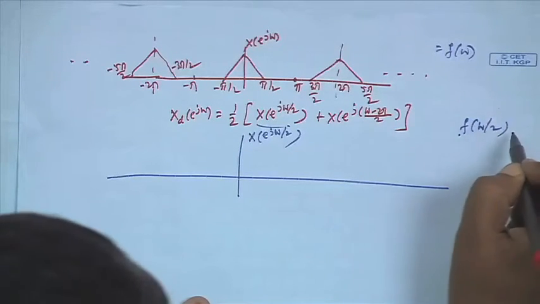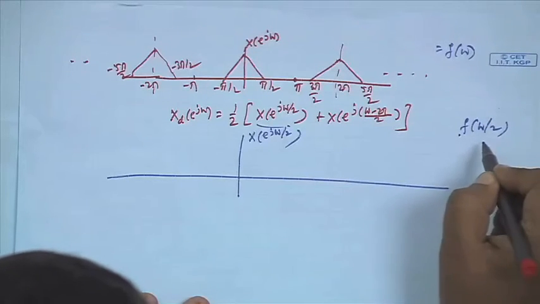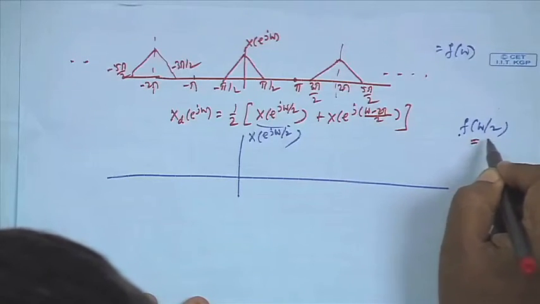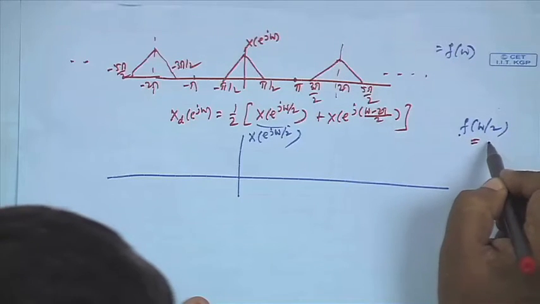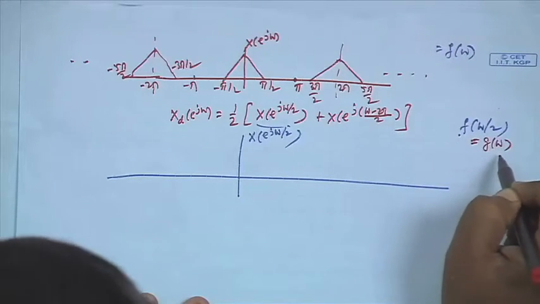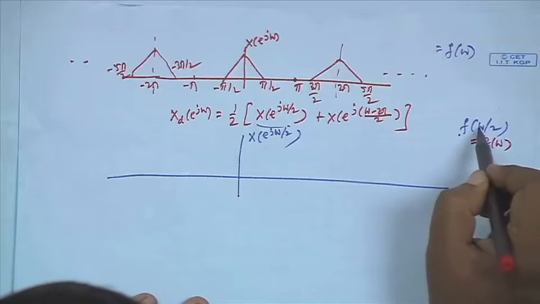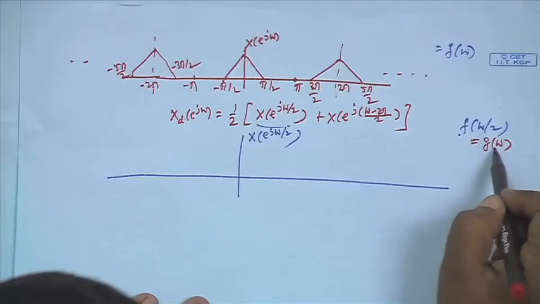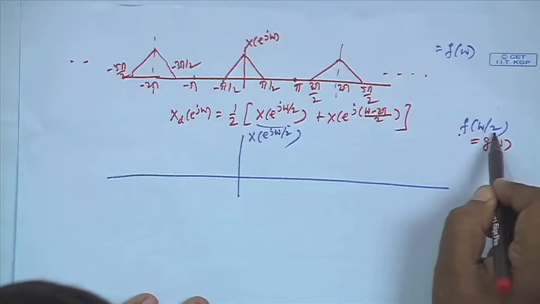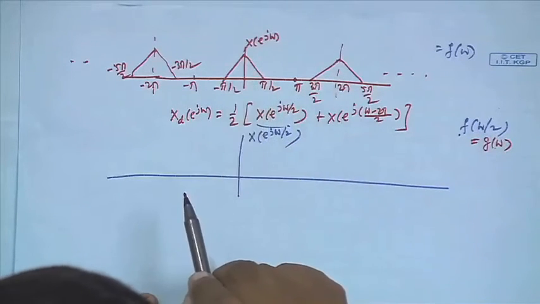Now, to make it crystal clear to you, so that you do not make any mistake and do not get confused, f omega by 2 is not f omega. So, I can give it a new name, g omega, and I have to plot g omega, that is f omega by 2, that is g omega versus omega, this is the task. But g omega is f of omega by 2, f of omega is known to me.